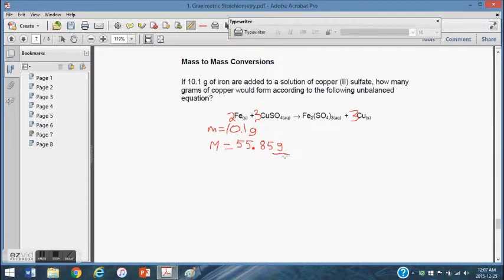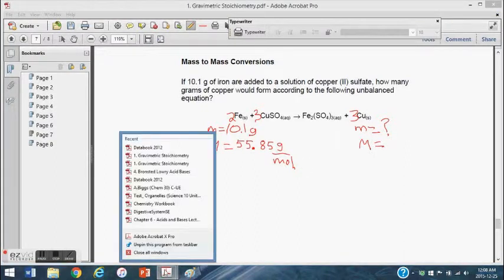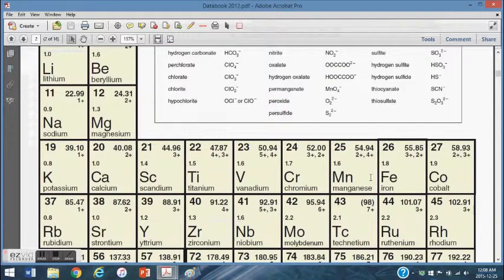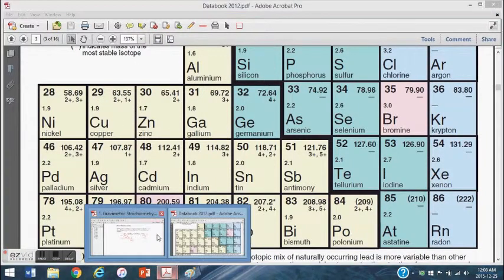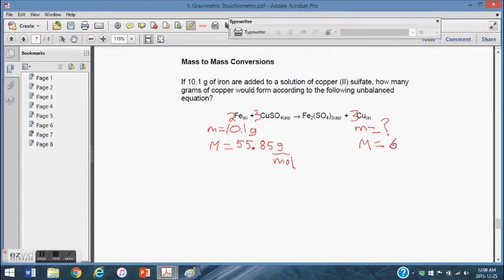I am looking for the mass of copper. I can figure out the molar mass of copper by looking at my periodic table, and it's 63.55 grams per mole.